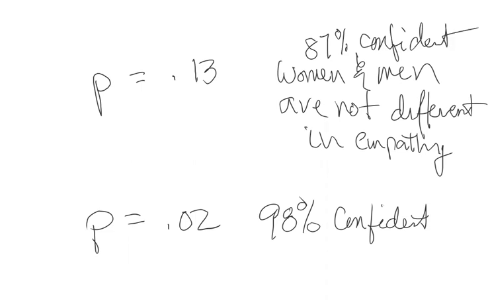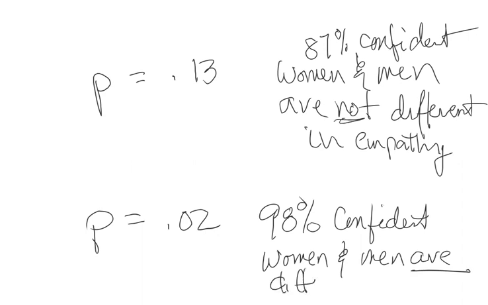So here, we're willing to take that bet and say women and men are different in empathy. So we want to be really sure before we make any determinations about saying something's different.